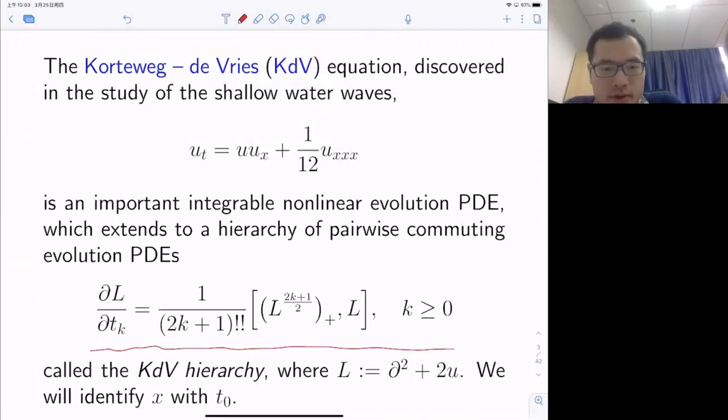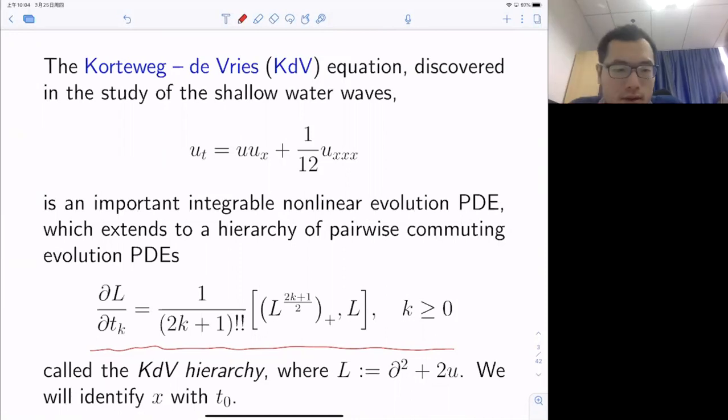It's in the flux form, and any linear combination of these symmetries gives another infinitesimal symmetry. So there are many symmetries of the KdV equation, and all these infinitesimal symmetries commute pairwise. Each symmetry itself is a symmetry of all the other symmetries.